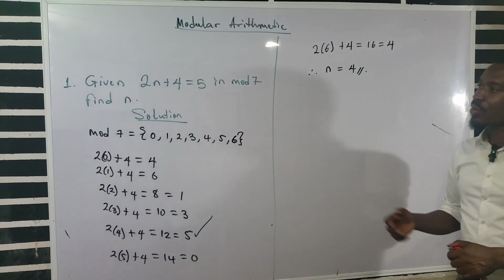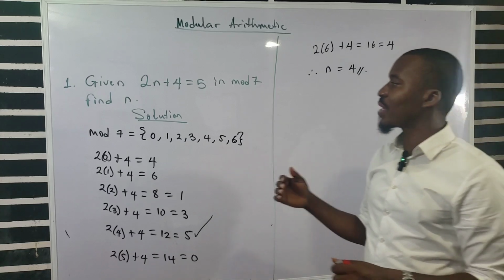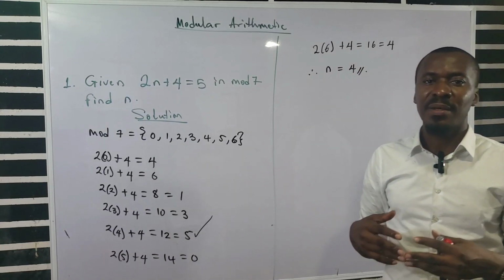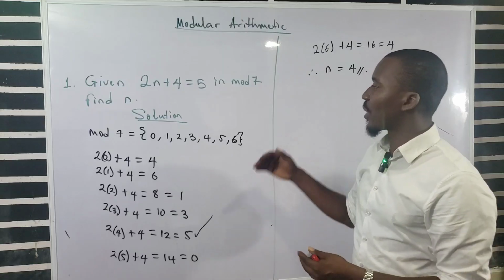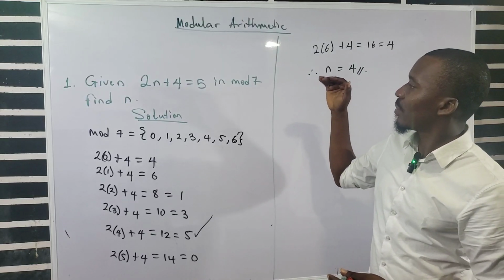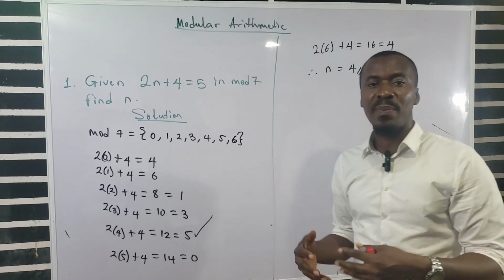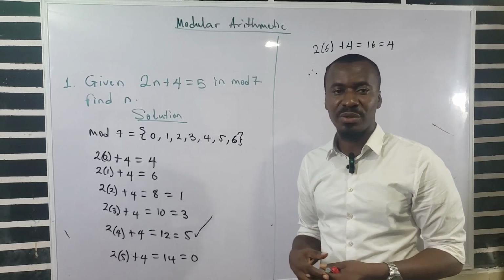Now, the next question we are going to solve on algebra is a question that relates to modular arithmetic and binary operation. So we are going to look at a problem on modular arithmetic that combines with what? Binary operation.